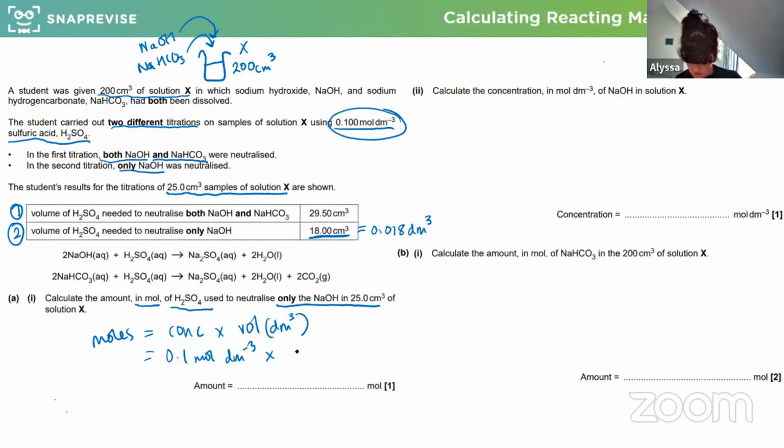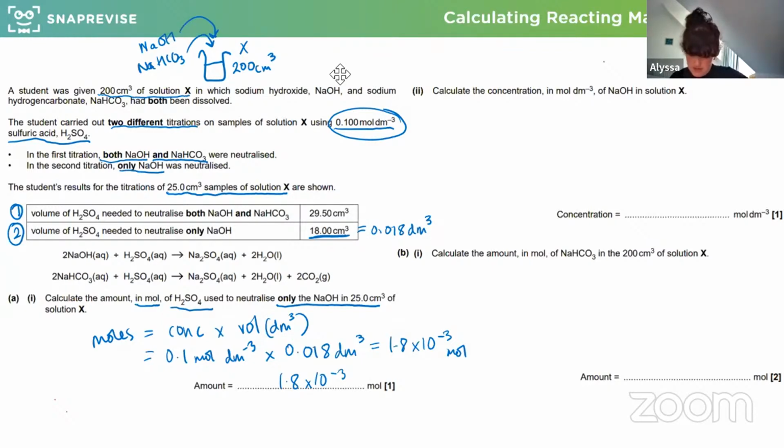My volume is 0.018 decimeters cubed. The decimeters will cancel, and I end up with 1.8 times 10 to the minus 3 moles. Let me know if anyone's not happy with any of those bits.